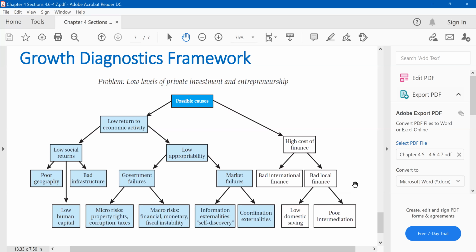Great. Okay. I don't have a very strong opinion about this either, but I know information externalities and coordination externalities are possibly there, because those are common to perhaps any economy, right? In terms of macro risks, we know that inflation is not at a very stable level. Foreign exchange is not good right now, right? We also know that there is a strong degree of corruption in Turkey.